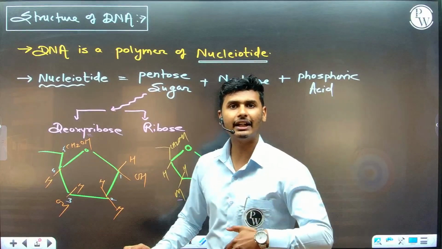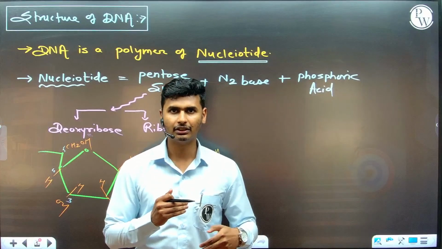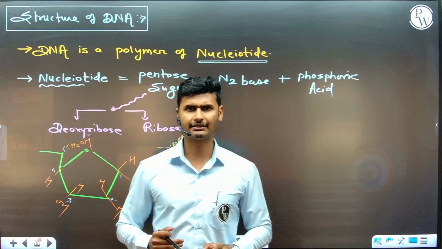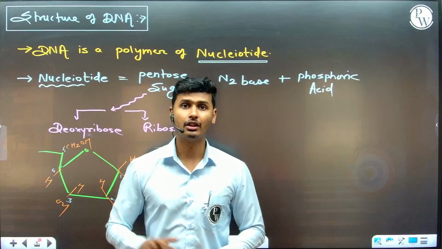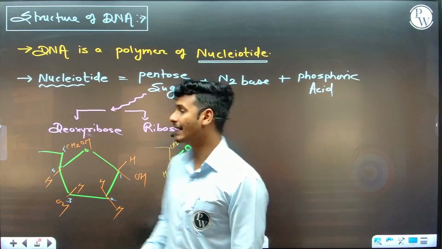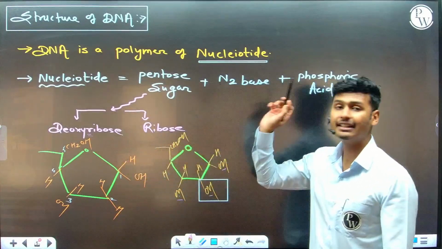So that's why we humans have genetic material in the form of DNA. In the case of viruses, which are not that developed, some viruses have genetic material in the form of RNA. And one of the reasons for this stability is the deoxyribose sugar versus the ribose sugar.